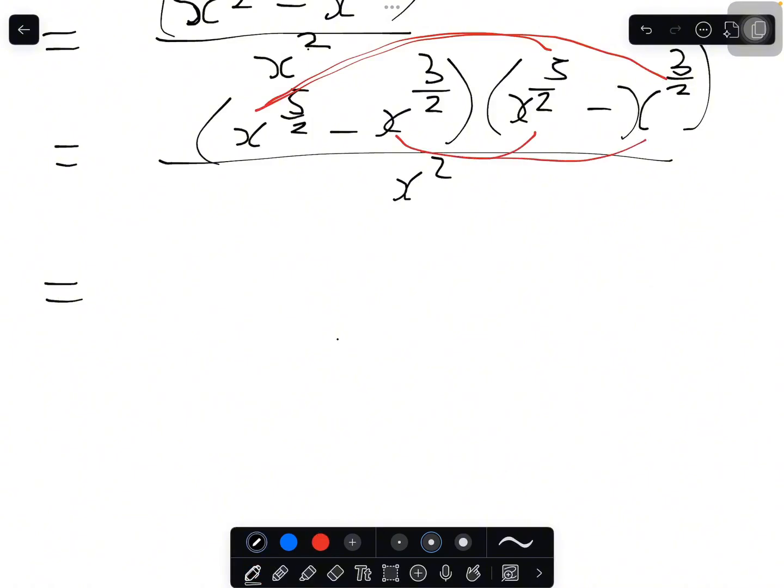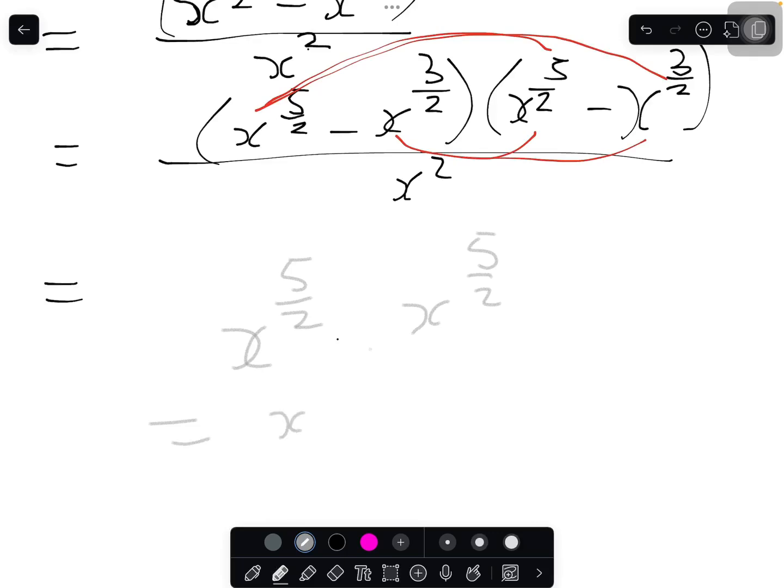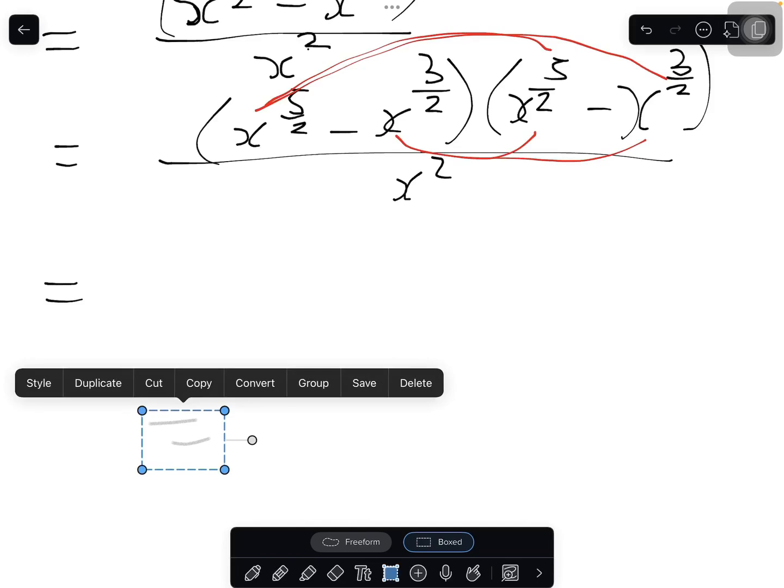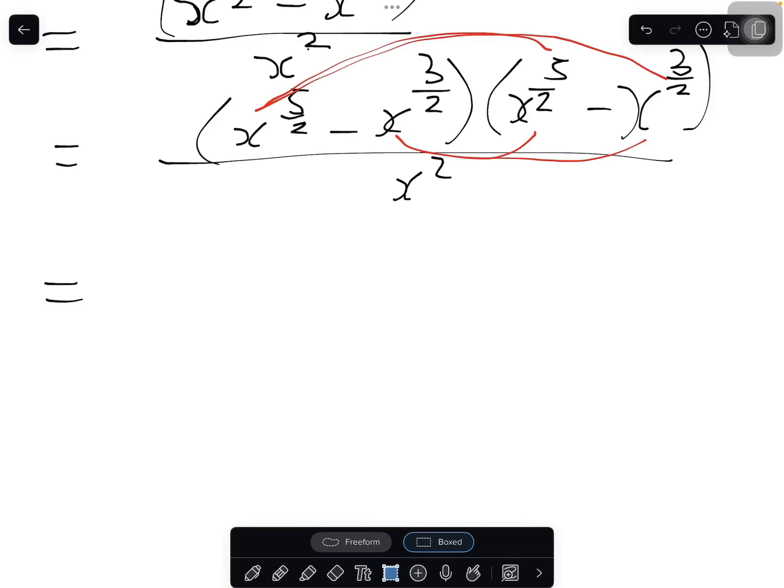So I'll have x to the 5 over 2 times x to the 5 over 2. I'm going to add that, and that's going to give me x to the 10 over 2, which will just give me x to the 5. And the same process is going to happen for the rest of the multiplication. So I'm just going to go through it now.